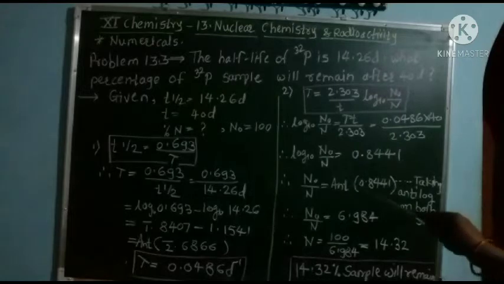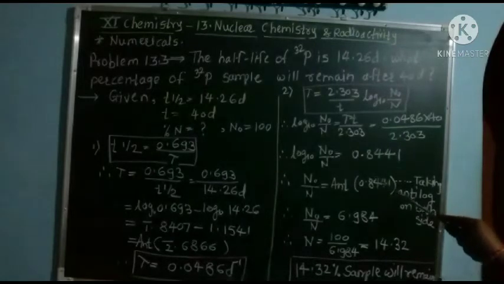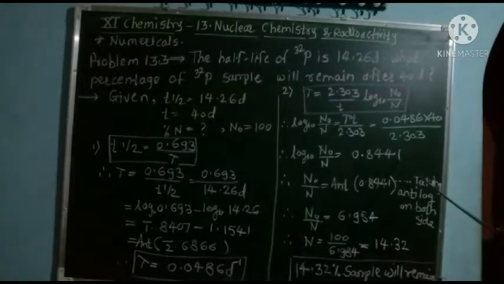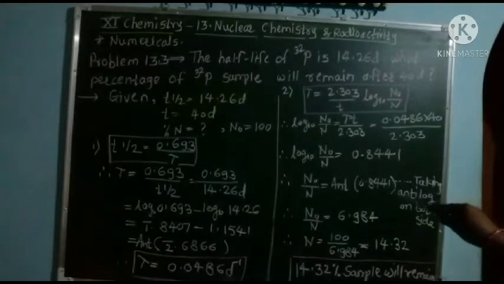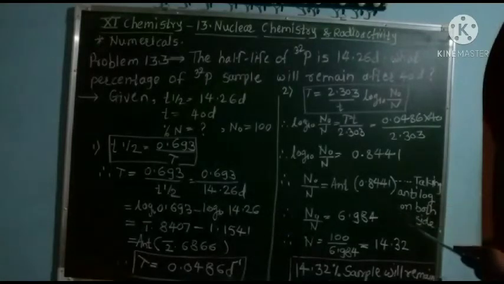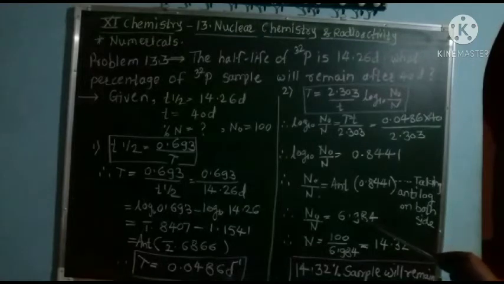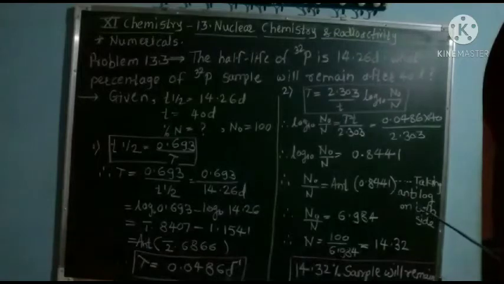Means log of N0 by N is equal to 0.8441. If we want only N0 by N, to cancel out the log term, we will find the antilog of both sides. Therefore, N0 upon N is equal to antilog of 0.8441. That means antilog of 0.8441, it will be 6.984.